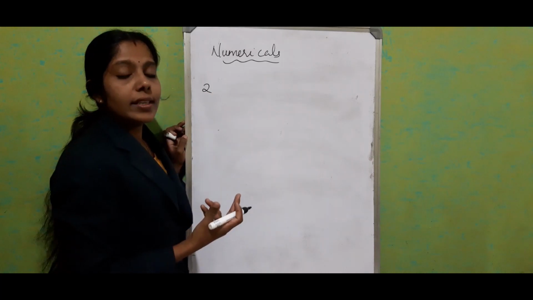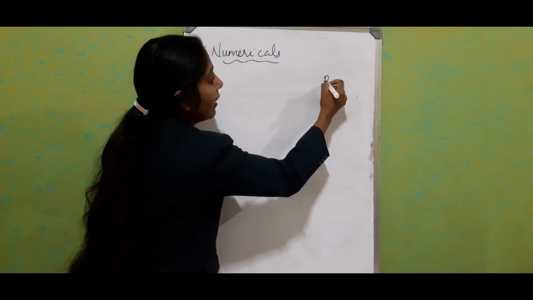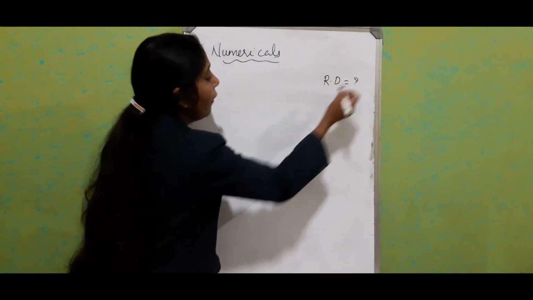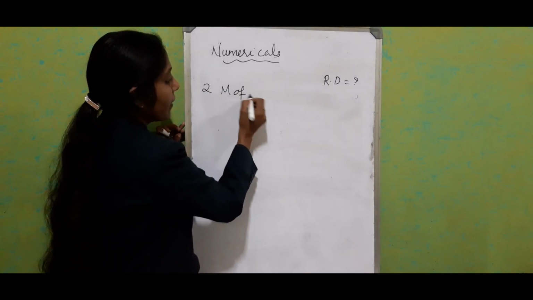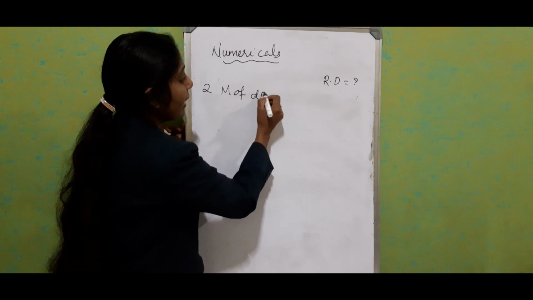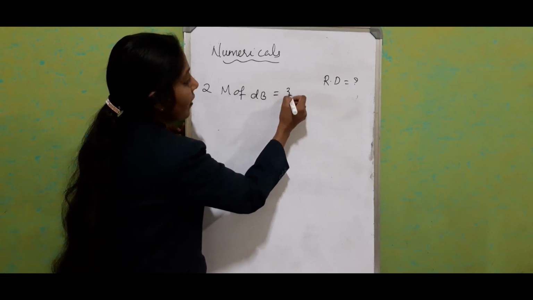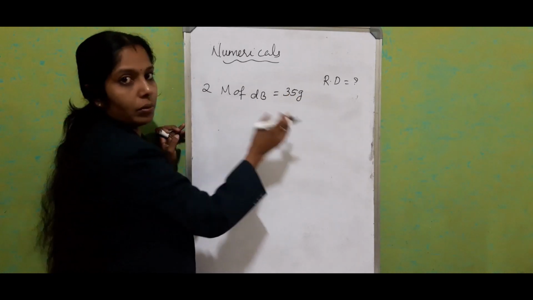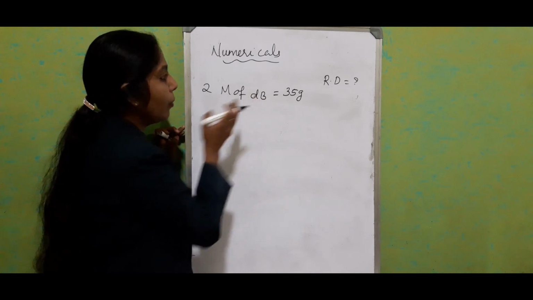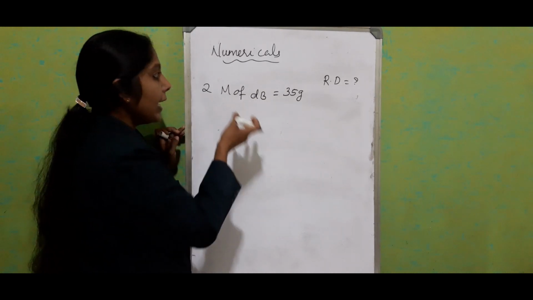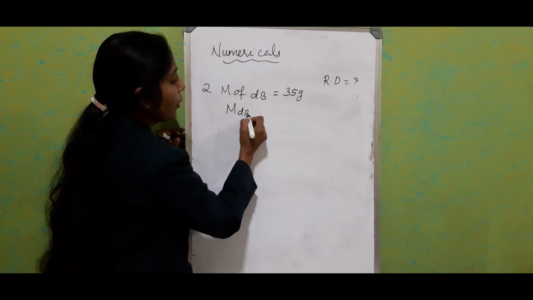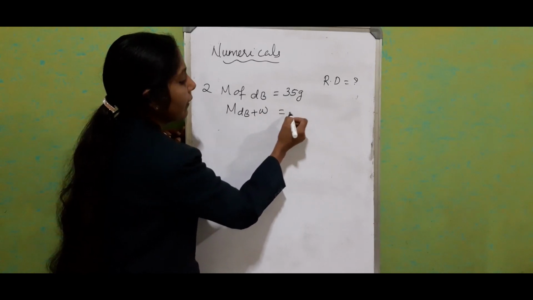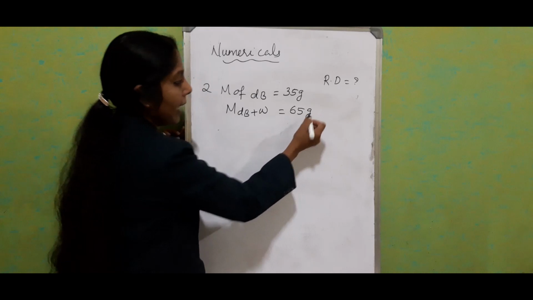The second question is about to find out the relative density of alcohol. For that, the mass of the density bottle alone is given as 35 gram. If we fill it with water, the mass of density bottle plus water is given as 65 gram.